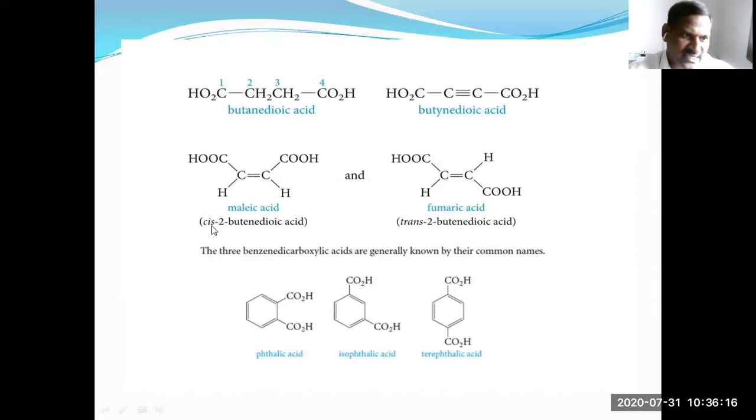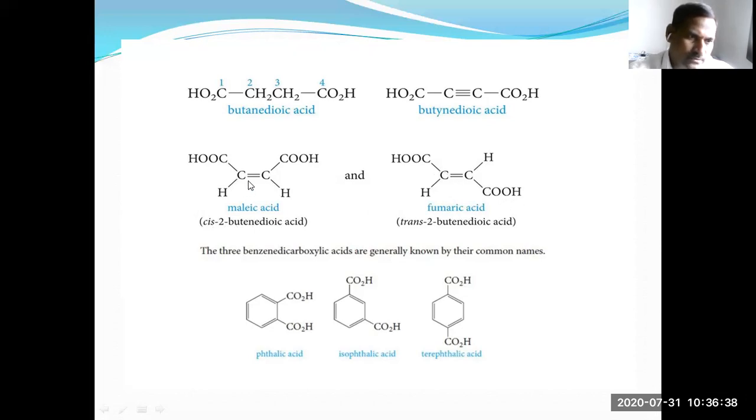This is maleic acid. Cis means the two carboxylic groups are at the same side. That's why this is the cis compound. Whereas trans compound means two similar groups are opposite. This is the trans with the double bond.